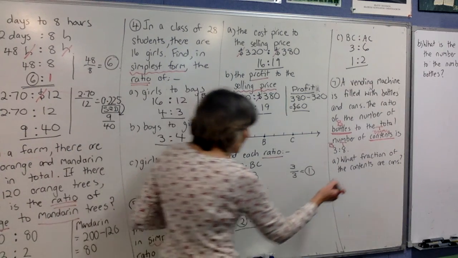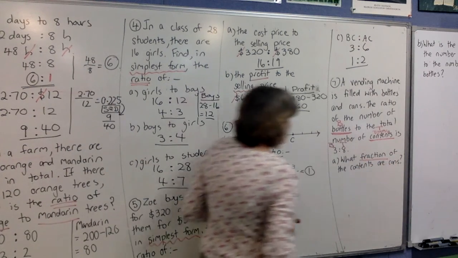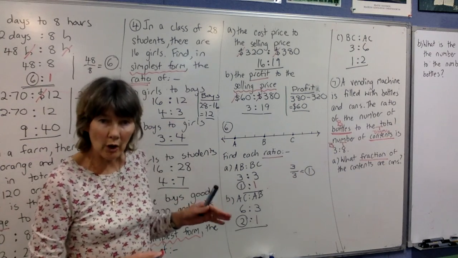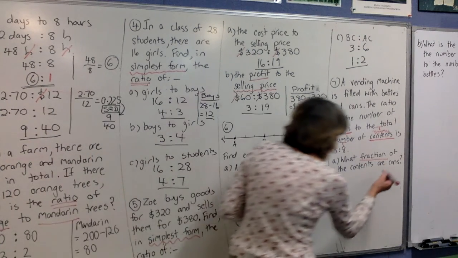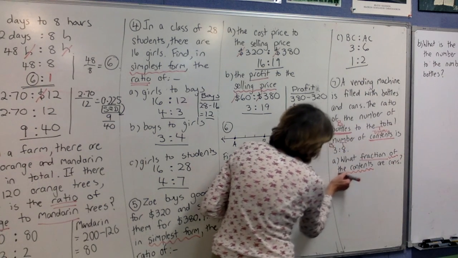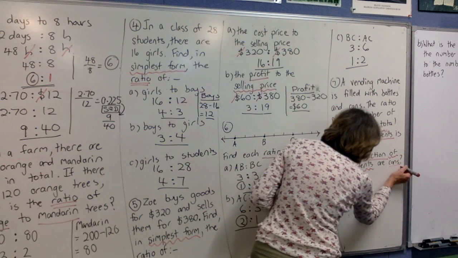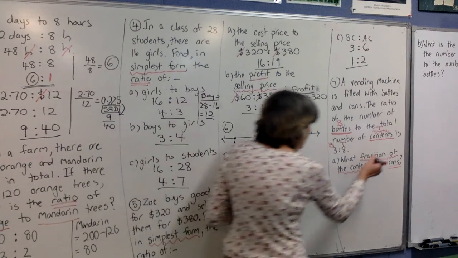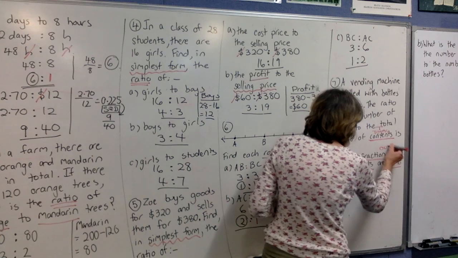Right, look at this question. Our answer has to be a fraction. Now, it says what fraction of the contents are cans? Now, I'm going to help you decipher how to break this up. So, watching. Of the contents means out of the contents.